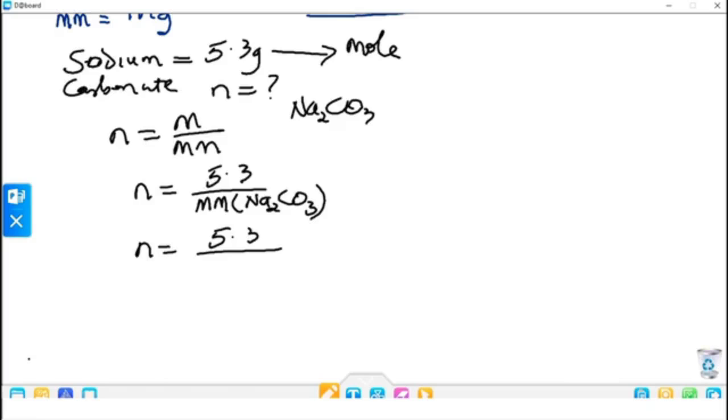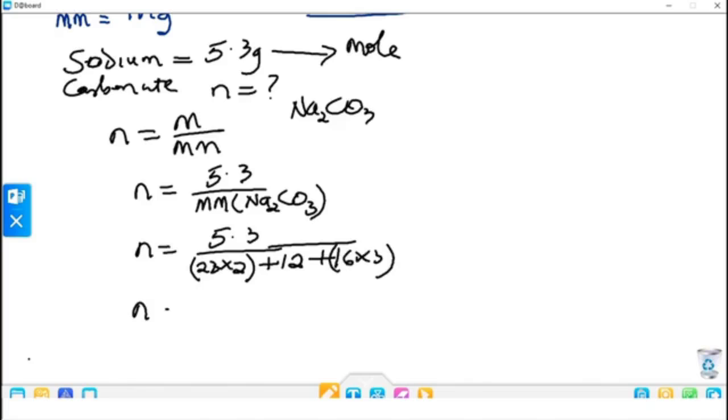So let us take a look at how to do that. The relative atomic mass of sodium is 23, but there are 2 sodium atoms there, so it's going to be 23 times 2, plus the relative atomic mass of carbon, 12, with 1 carbon there, plus the relative atomic mass of oxygen, 16, but there are 3 oxygen atoms, so that's 16 times 3.